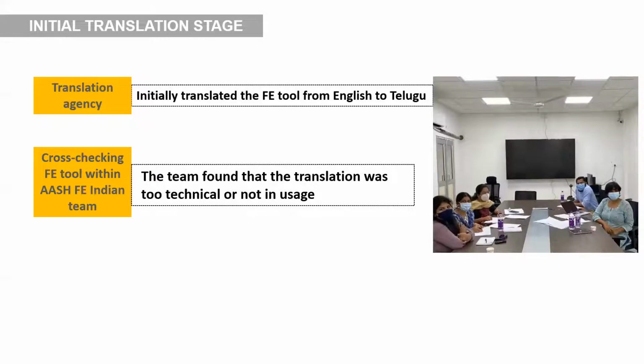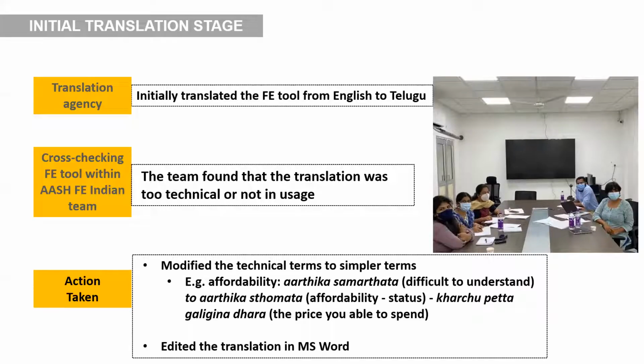After Professor Sunita had come to India as a part of her work, we sat and cross-checked the food environment tool with all the team members of Stunting Hub, and we found that a few terms in the questionnaire were too technical and a few of them were not in usage. So we sat for 1 or 2 days to discuss in detail and replace a few terms, especially affordability.